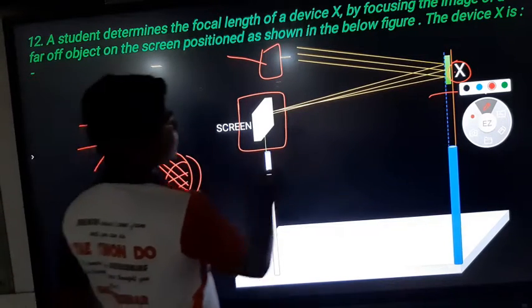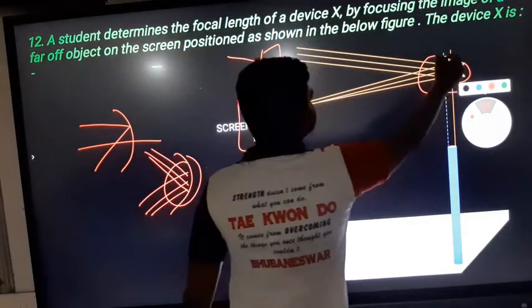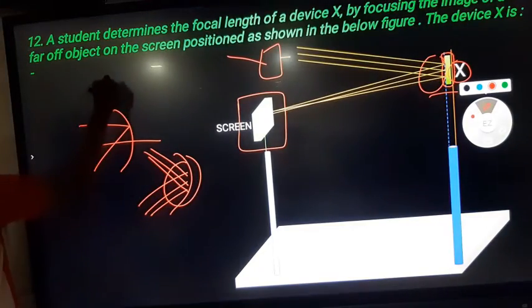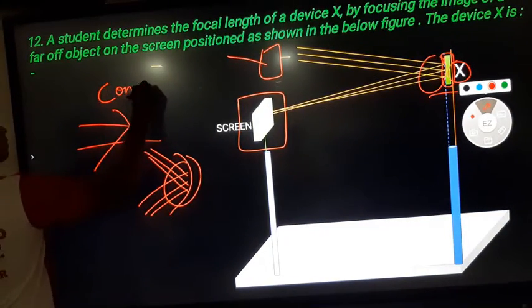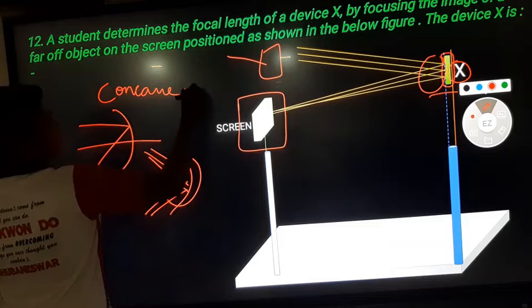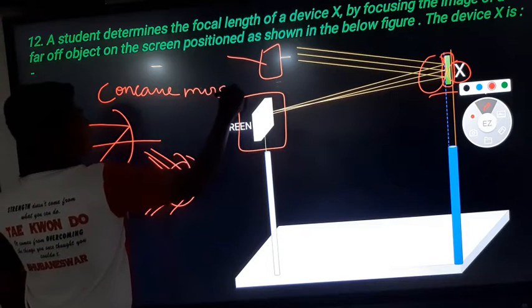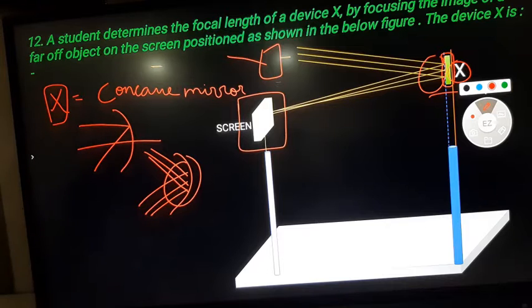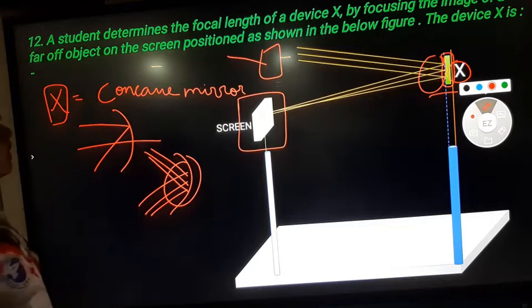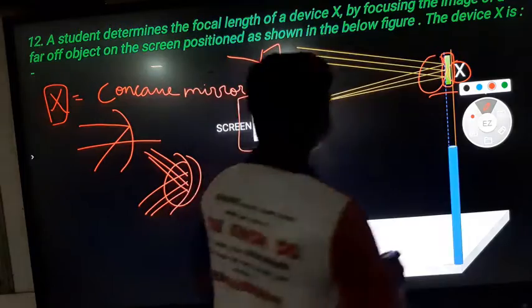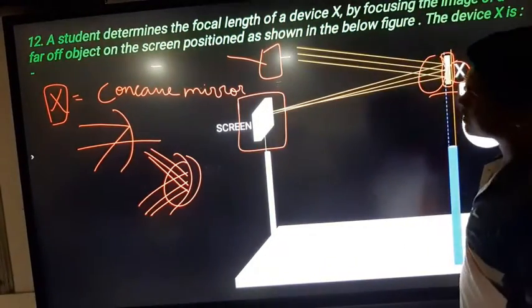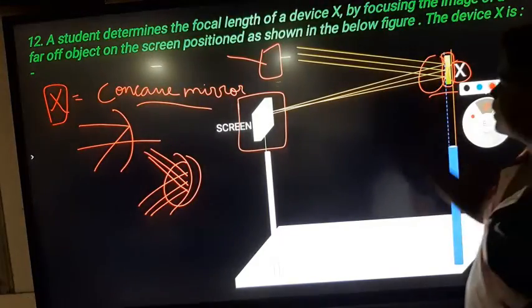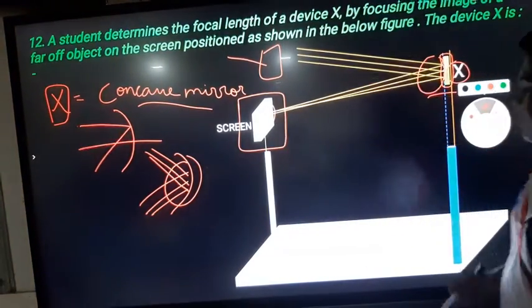You can see this X, which is closed, that is a concave mirror. The student determines the focal length of device X, so we have to find what the device X is. We can take that device X is a concave mirror. After reflection, the reflected light comes to the screen here.